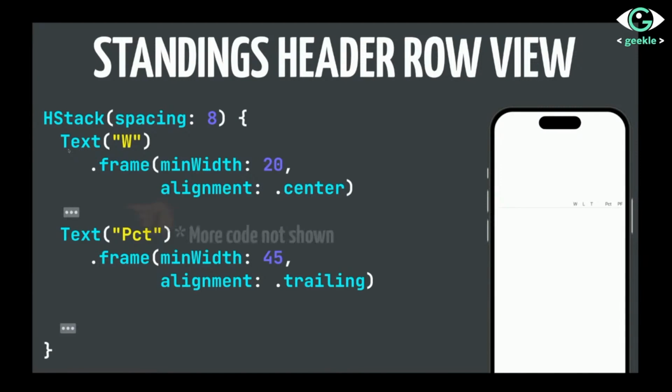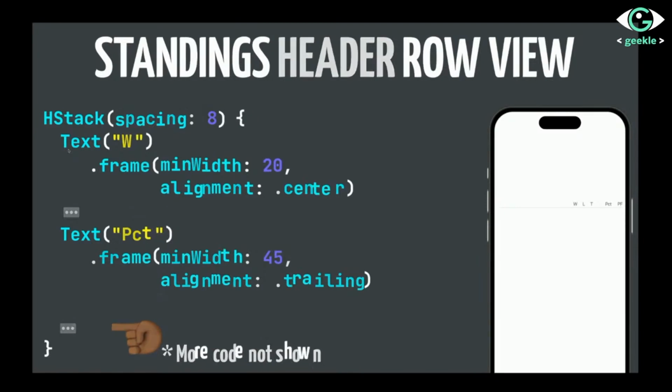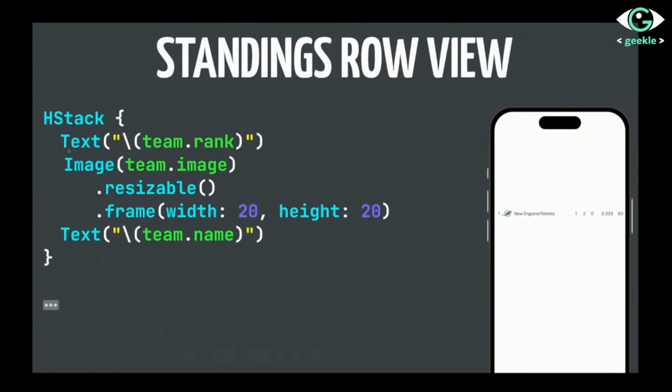Right now, I have some more code that's not shown, just because all of this code is very similar, so it didn't make sense to show you the entire thing. And obviously, there's more code down here as well. So if we go into the standing row view, we have an image of the team, the ranking, and their name. And the name has to have more room, but that flexibility isn't there.